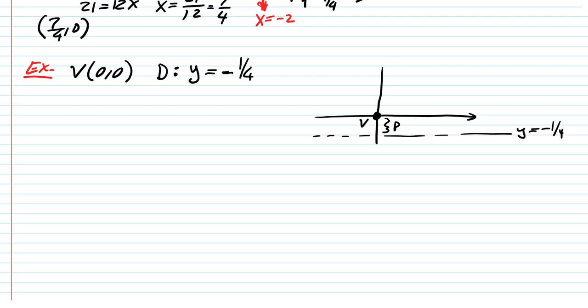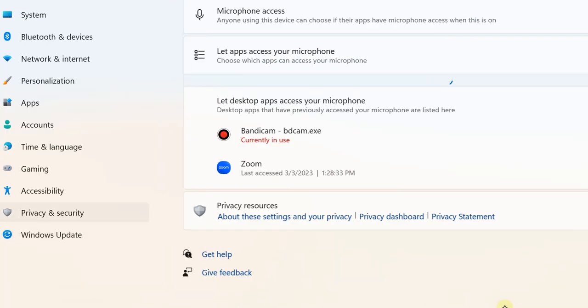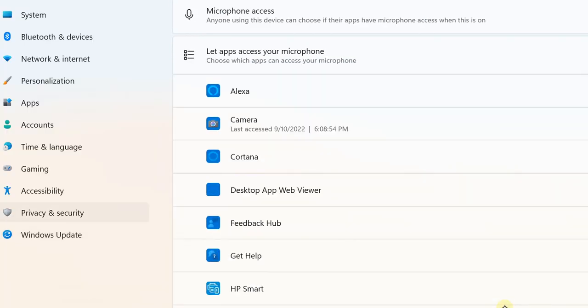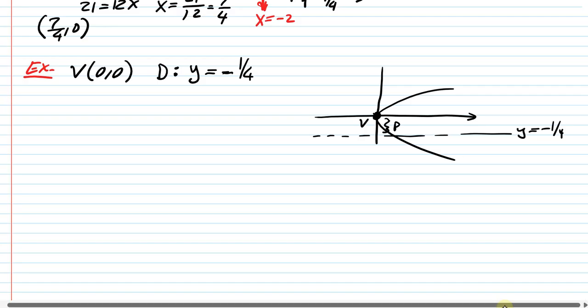And the directrix is behind the vertex. So this cannot be a horizontal parabola because the directrix would be behind it. But the fact that the directrix is below the vertex tells me this parabola has to open upwards, correct?